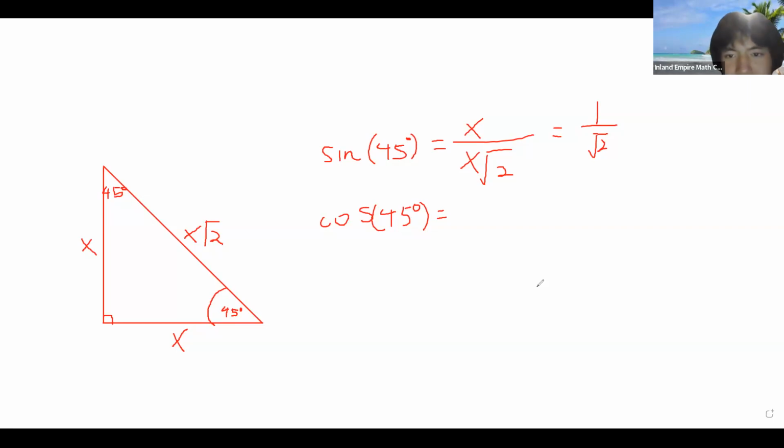Well, Joyce, you successfully gave us the adjacent side. That's right, the adjacent side length is x, but what's the hypotenuse? What are we putting it over? What's the length of the hypotenuse, Joyce? Remember, the hypotenuse is just opposite the right angle. What's opposite the right angle?